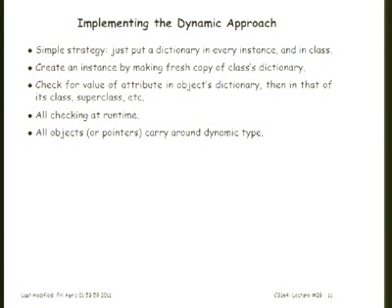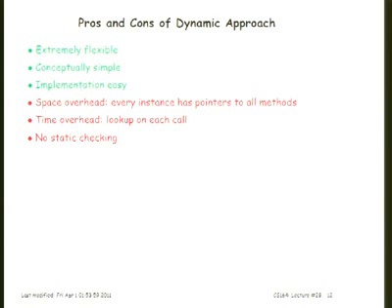So all objects are carrying around their dynamic type, but that dynamic type is used basically to respond to the what-is-my-type operation, and also to look up default values for things that aren't present in the object.